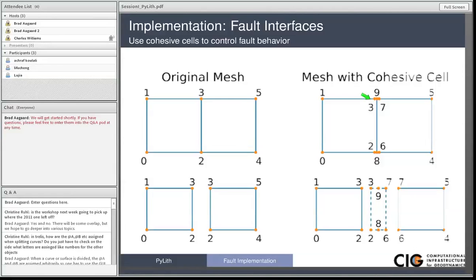Lagrange multipliers. If we show what it looks like in terms of topology, we have inserted vertices 9 and 8 in between vertices 3 and 7. We first add a vertex for the right side that gives us a displacement. That decouples the two sides of the fault.